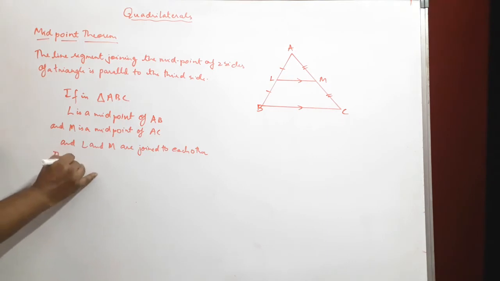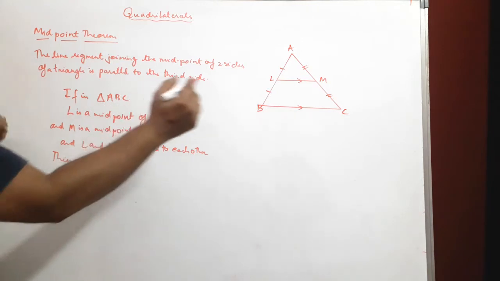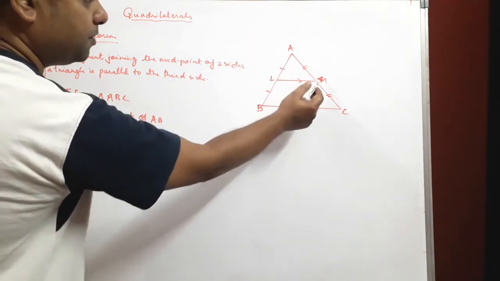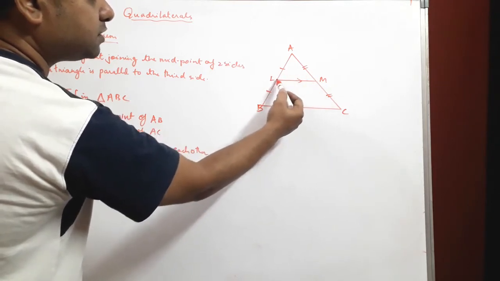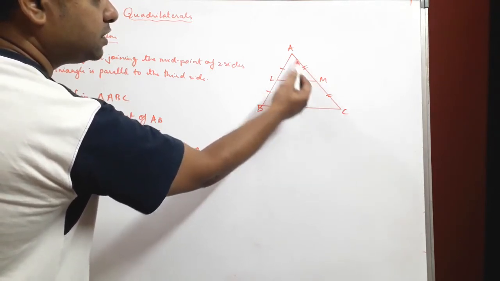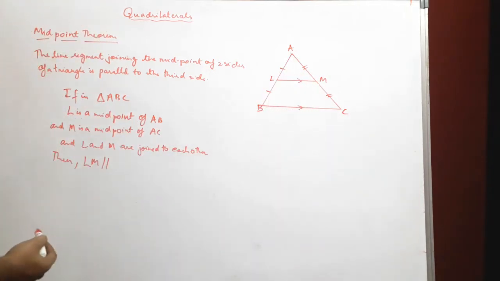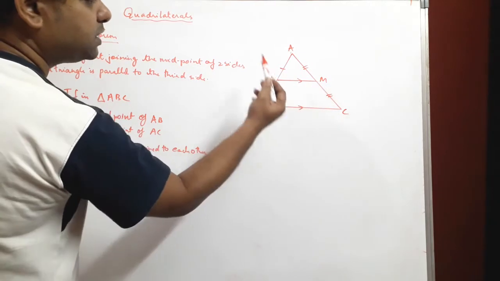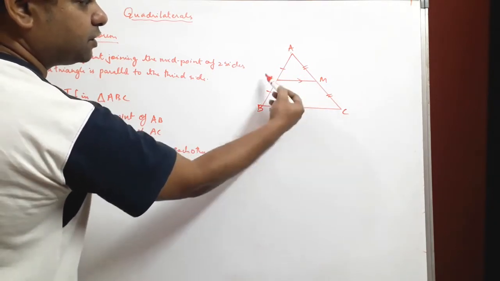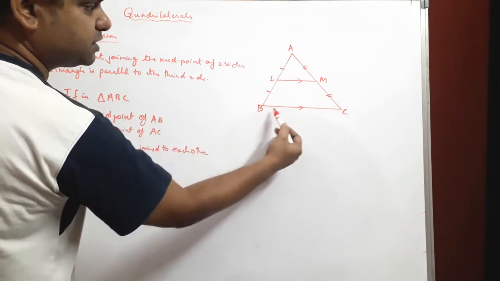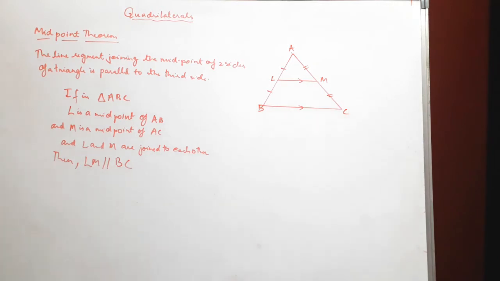Then LM becomes parallel to the third side of the triangle. This LM is joining AB and AC, which are two sides of a triangle. So LM becomes parallel to the third side, which is not involved in this association, that is BC. So LM is parallel to BC, and that is the midpoint theorem.